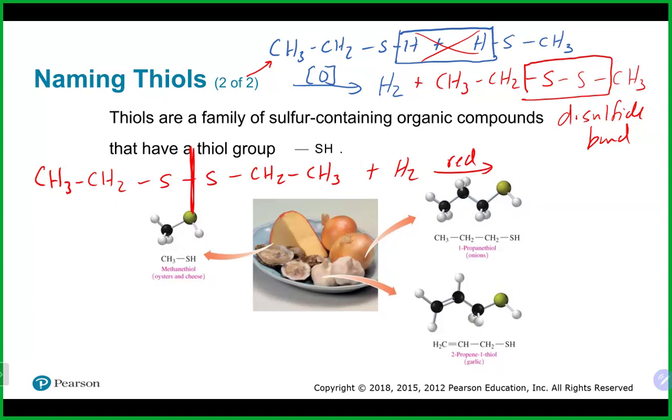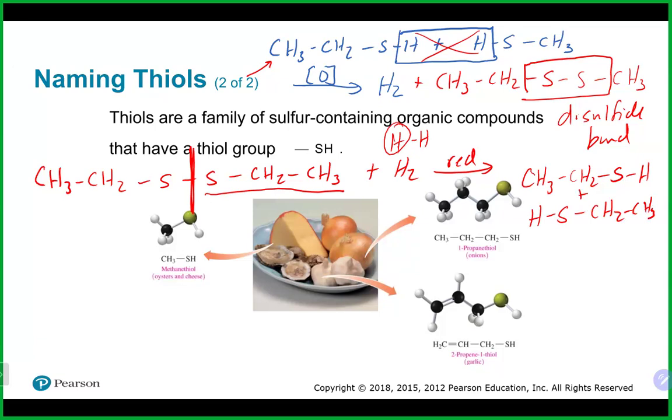So it's always going to break apart between the 2 sulfurs. And you'll basically get 2 thiols as a result of this. You'll get the guy on the left there, which is CH3, CH2S, and we take one of these hydrogens that are here, and we put it on that guy. Then you get the second guy that's there where you broke it, and he also will need a hydrogen to make him a thiol. And that is all there is to that.